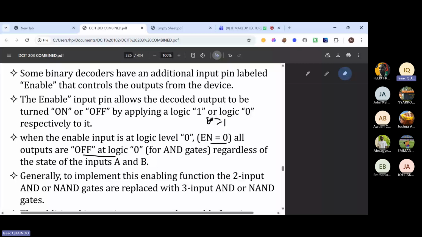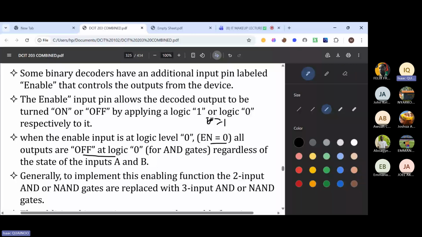When you get to sequential circuits, we are going to look at gated circuits. Some circuits are also gated. When we use enable inputs, they are usually gated, so the state of the gate determines the state of the circuit. When the enable is 1, the entire circuit is transparent. When the enable is 0, the circuit is not transparent.